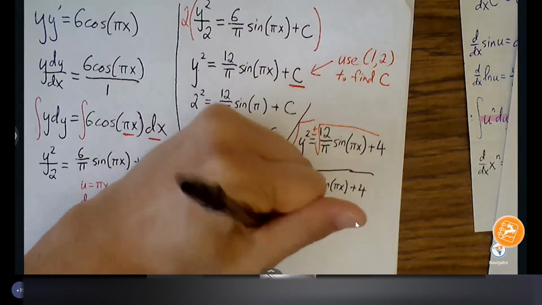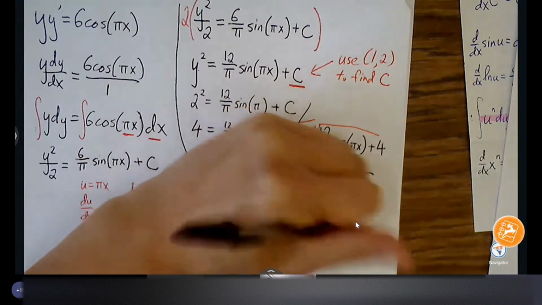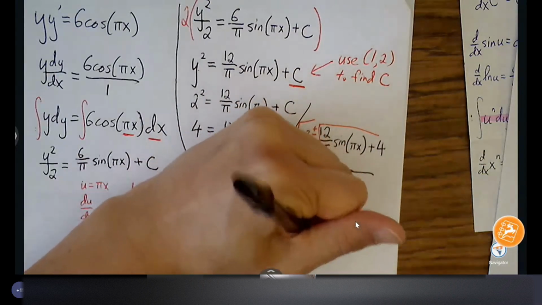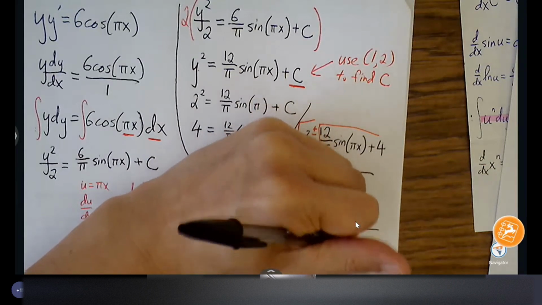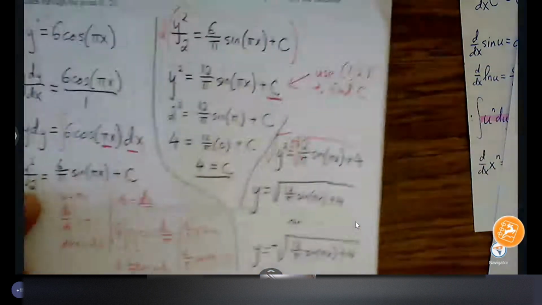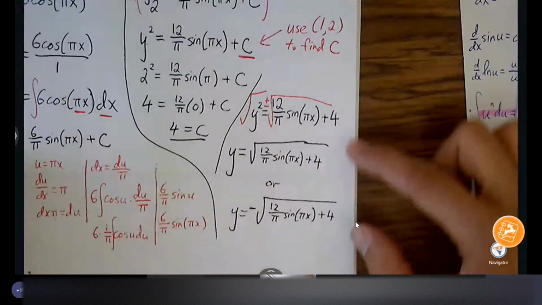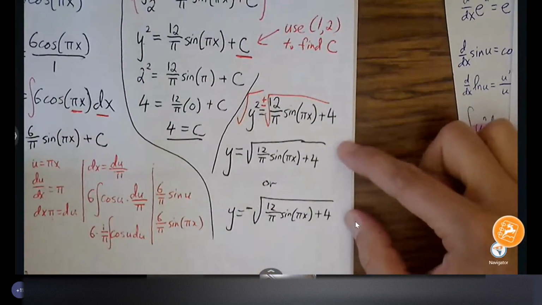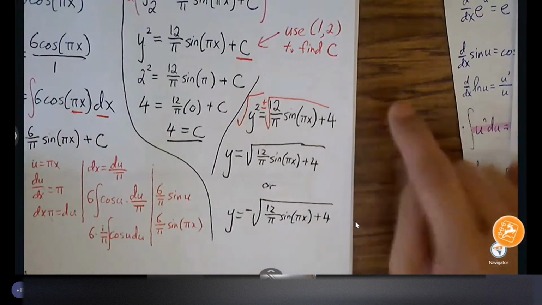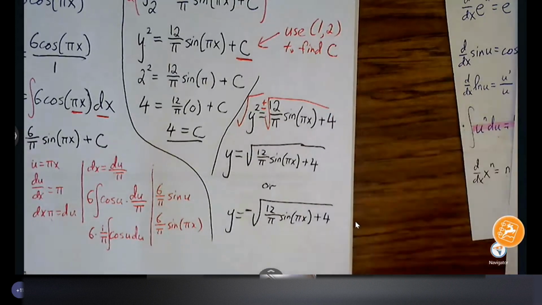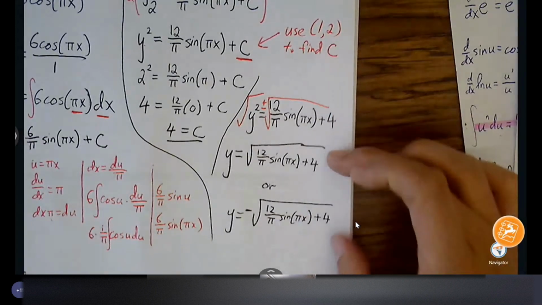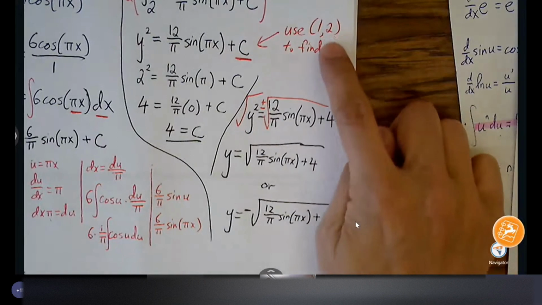Or y is equal to negative square root. So how do we make a decision between our two possible solutions? Yeah, look at your ordered pair. Ultimately, we need the solution to hold that ordered pair.